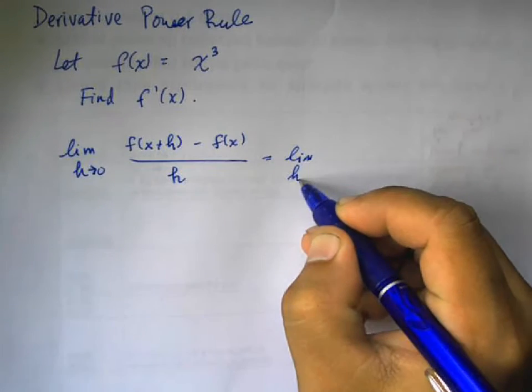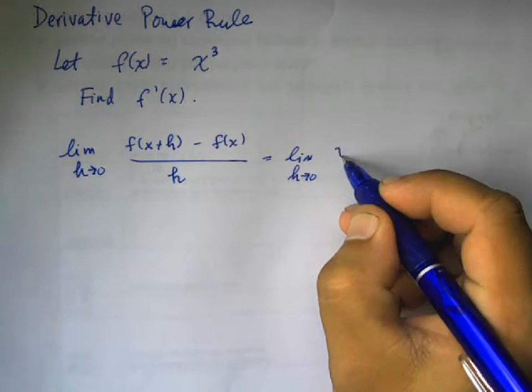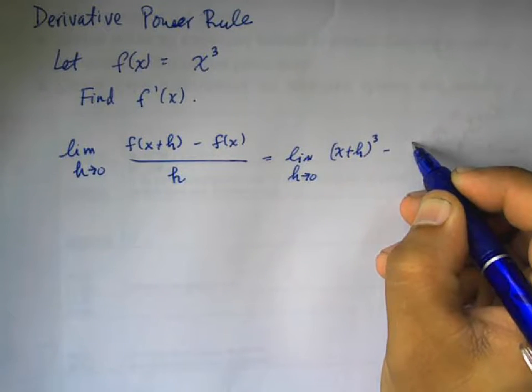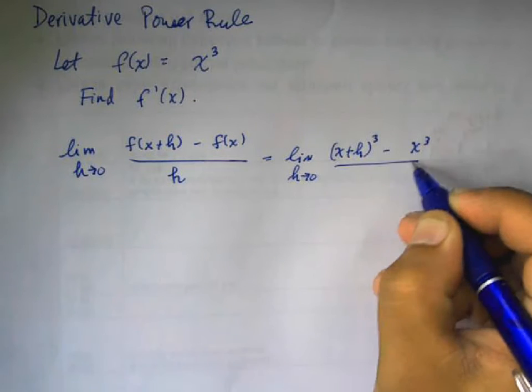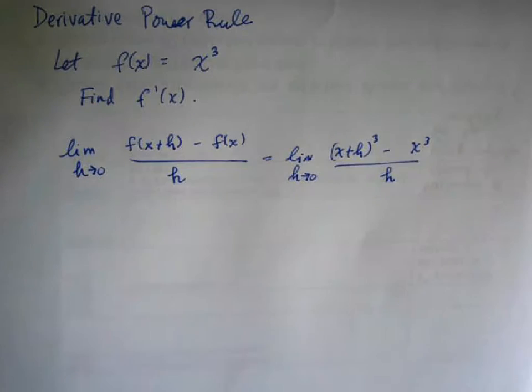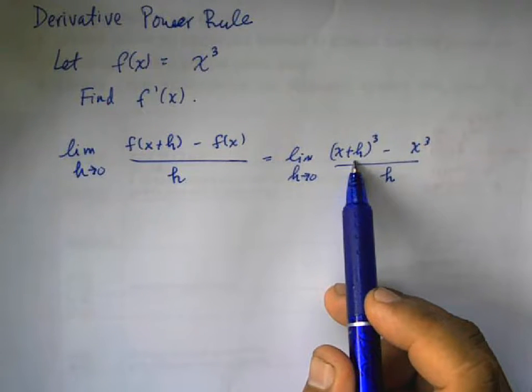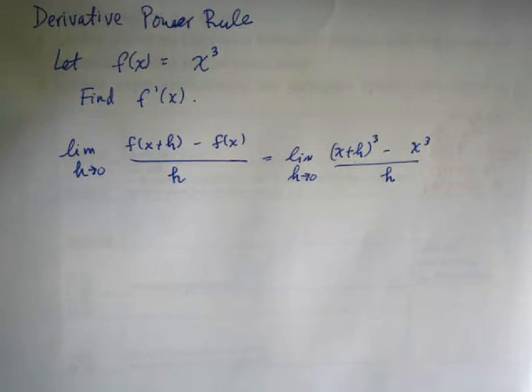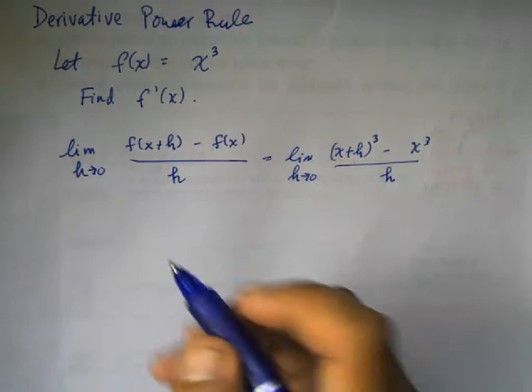So we have the limit as h approaches 0 of x plus h cubed minus x cubed, all of this over h. Then I'm going to cube this, so this is x plus h times x plus h times x plus h.